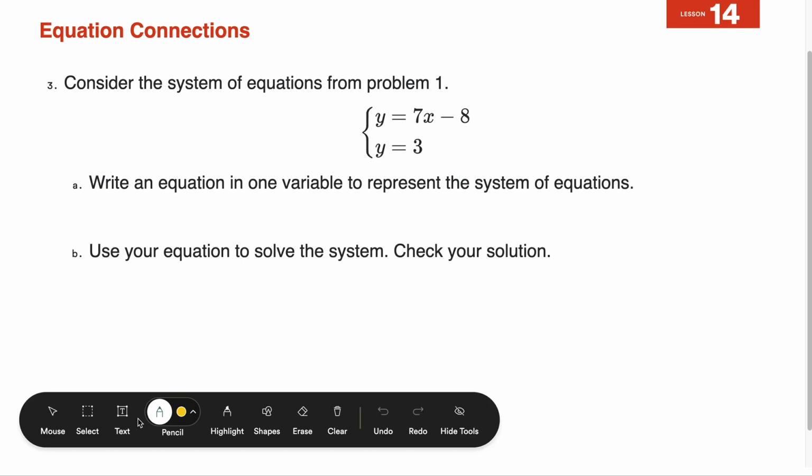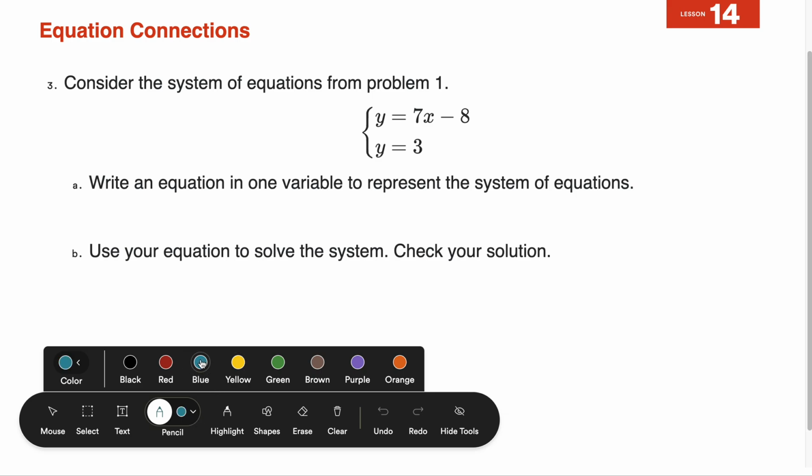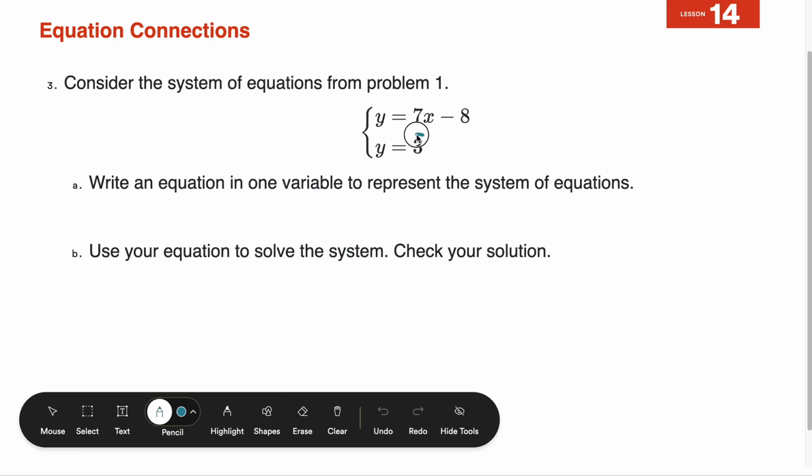Since our equations are already written in slope-intercept form, they are literally telling us what y equals, and we can substitute one equation in for the other. In this case, it is going to be a lot easier to put this equation into the top one. This second equation is telling me y equals 3.